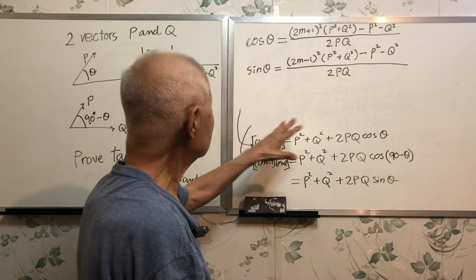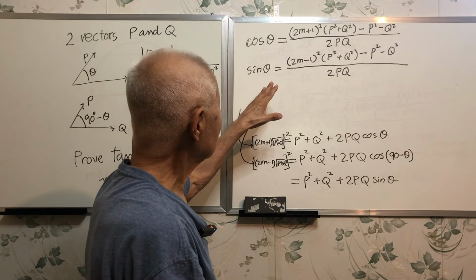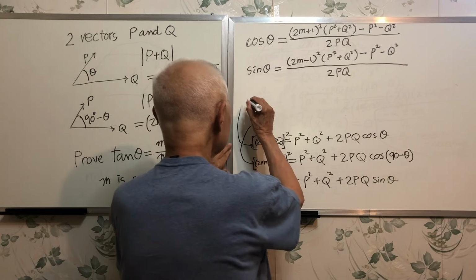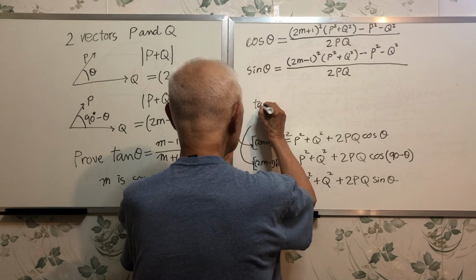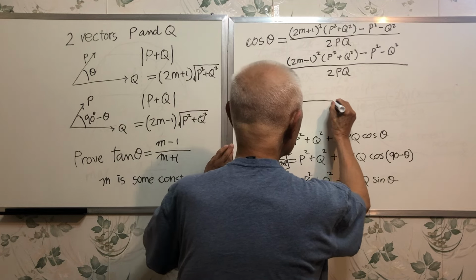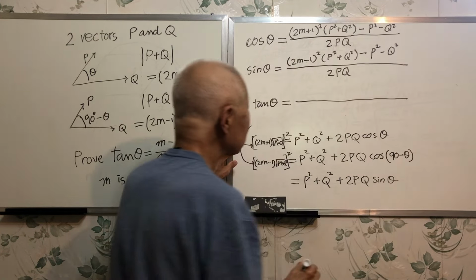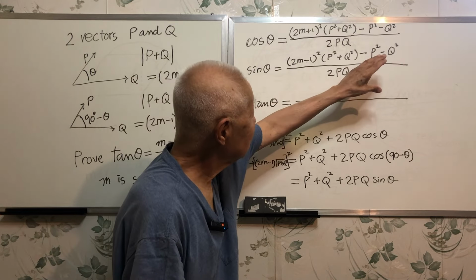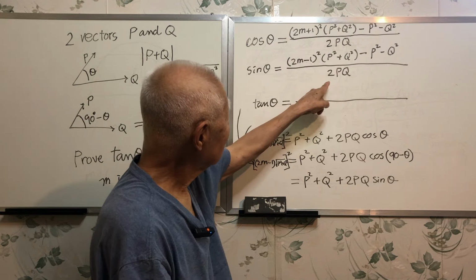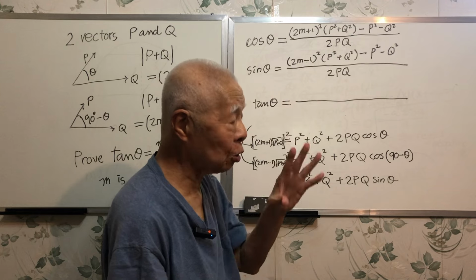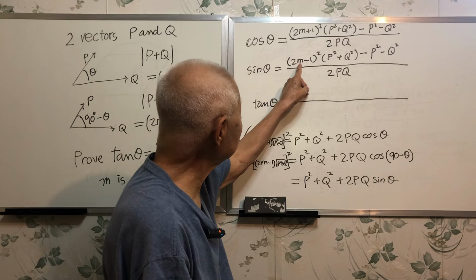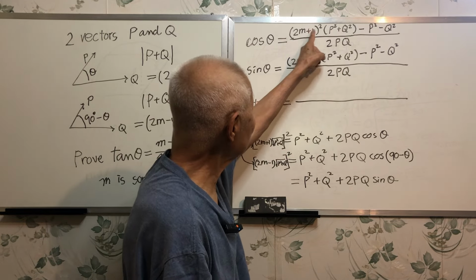Okay. Now I can find out what tangent theta is. Is this divided by that? This divided by that. You see that 2pq here, 2pq here, they cancel. So this divided by that is essentially the numerator here divided by the numerator there.